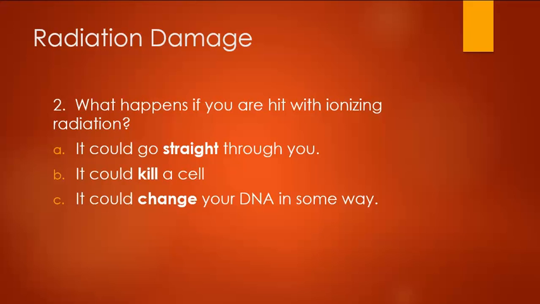If you're getting to be really unlucky, it could change your DNA in some way. And instead of producing healthy skin, now it produces speckled skin. That's why as you grow older, your skin is going to get speckled. It is natural. It is due to the natural exposure of radiation throughout your life.